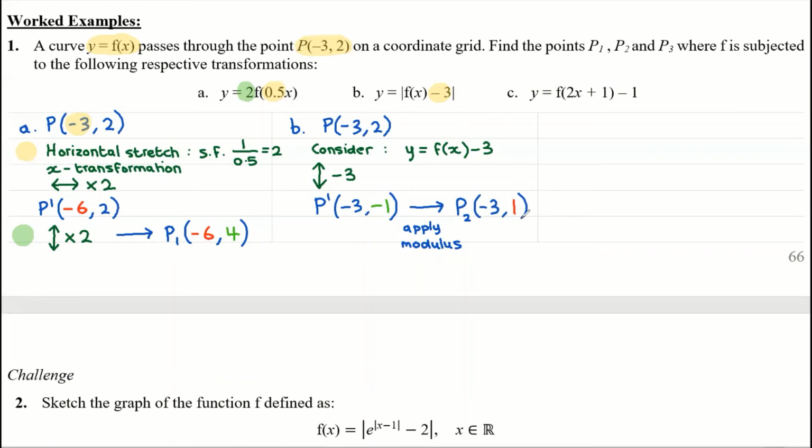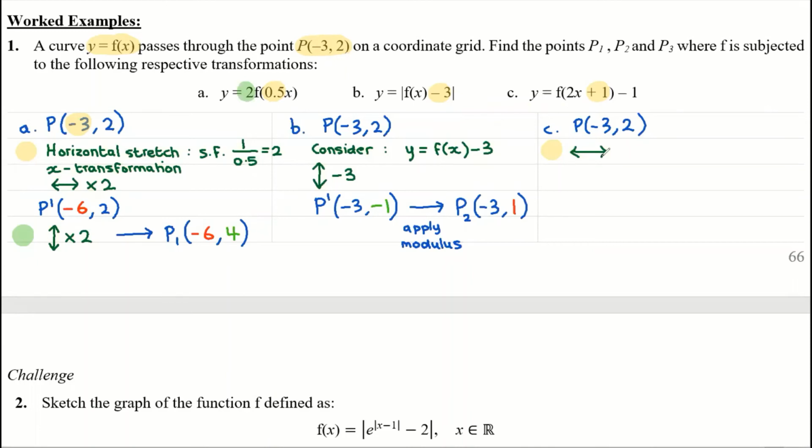Okay, and for P3, which is part C, we have quite a lot going on with this one. So again, we're starting at -3 and 2. And looking at the transformation, horizontal translations first. And there we have it. We have a +1 inside the function. Okay, so the first thing I have to do is, because it's inside the function, it's going to affect the x direction.